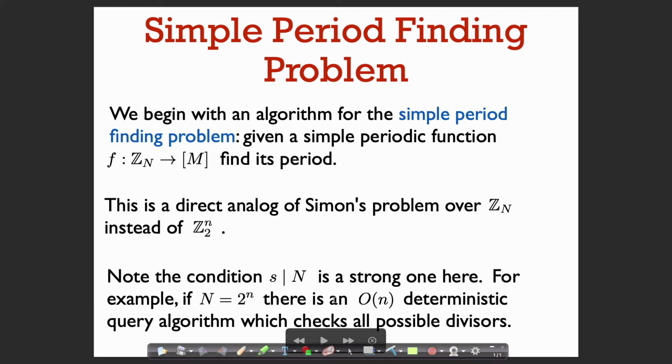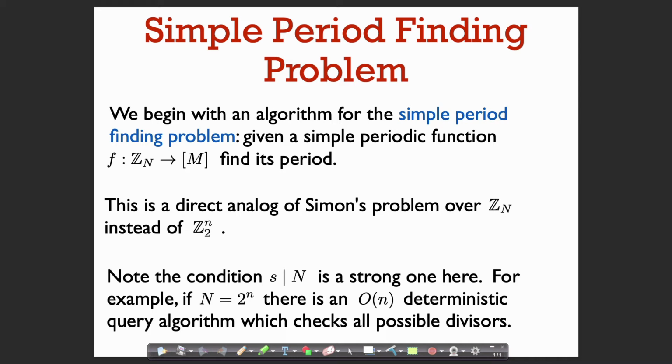Because you can just check every possible divisor. You query f(0), and then you query f(2). If f(0) equals f(2), then you know that s must be 2. Then you query f(4). If f(0) equals f(4), then you know that s must be 4. And there's only n many such s that you have to check.